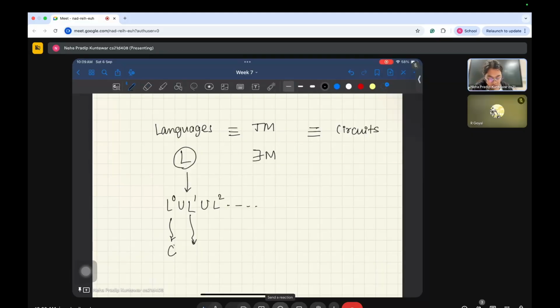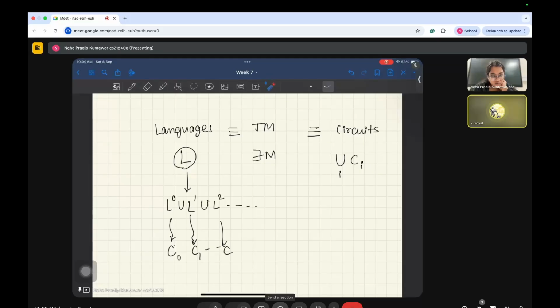I'll call them C0, C1, and so on. So we don't have one circuit, but a family of circuits which we will work with. So for every language, if that particular model can compute that language, then we'll say that it is universal.